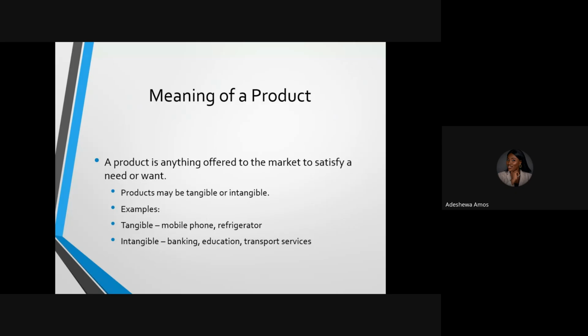Okay, you cannot touch it, but you know that yes, you need education, so here you are, and I'm providing you with something essential for you to get your full degree. So meaning that I'm giving you a product, but the product that I'm giving you is a service, which is intangible.